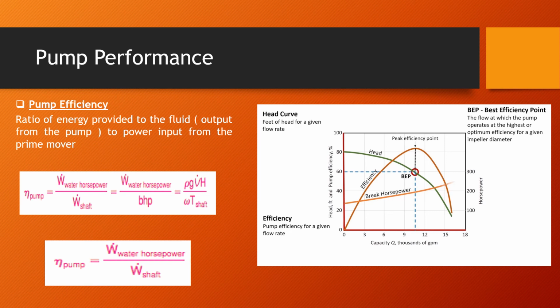You can see the performance curve of the pump on your right. If you look into that curve, it's a head versus discharge rate curve. You can see from the head curve that as the discharge rate increases, the head decreases.